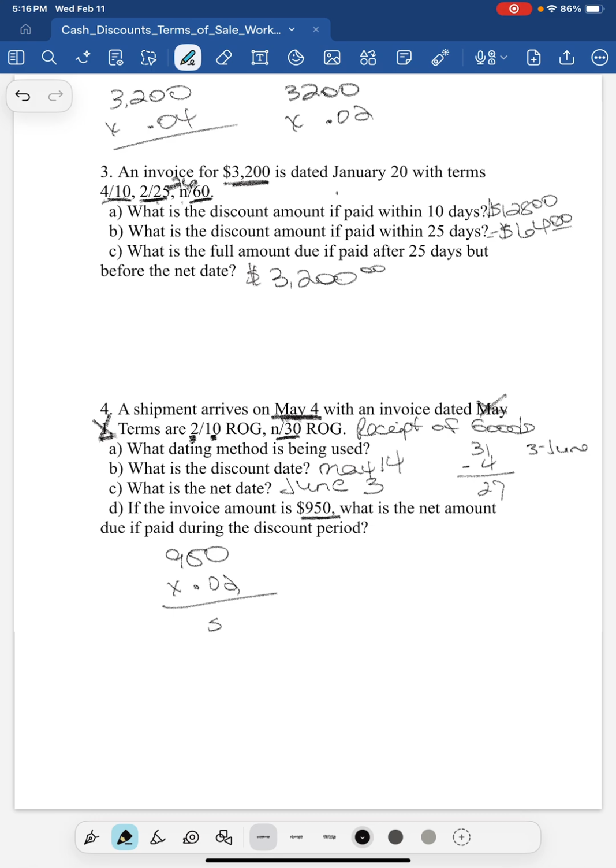Okay, this is a $19 discount, and so you subtract 19 from 950. And you get $931. Okay, guys, I know that was a lot of information on one worksheet, but refer back to your module and reach out to me if you have any problems.